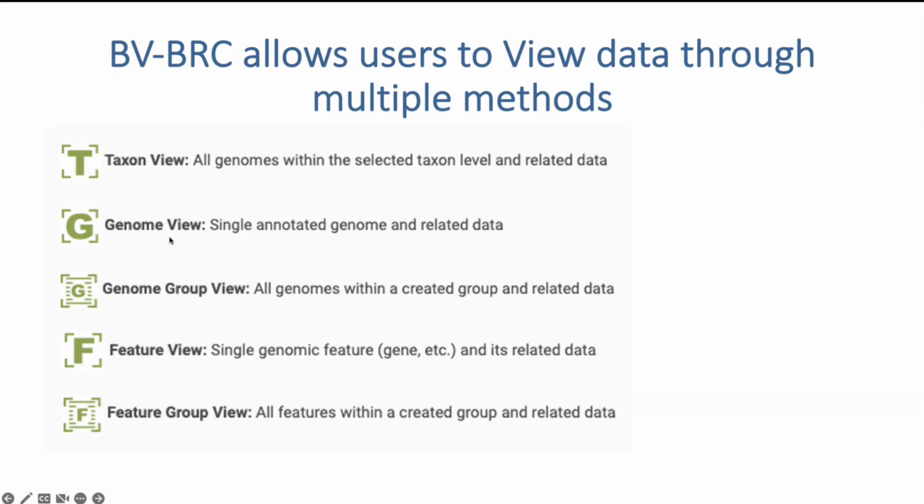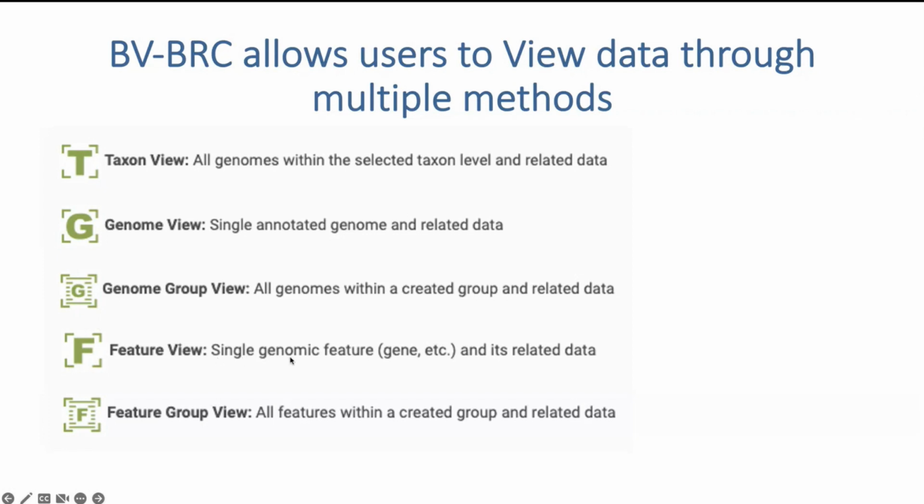You'll have the Genome View, where you can look at and explore data on a single genome, as well as everything else that's associated with it, whether it's metadata or links to other databases. You have the Genome Group View, which is a table that lists all of the metadata for a group of genomes. And then you have the Feature View.